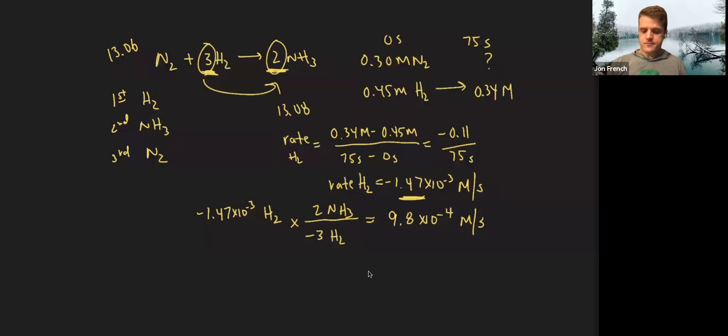So again, we want to find that rate. We want to use that rate of hydrogen. Actually, I don't know why I erased it. Because now we're just going to compare that rate of hydrogen and use that to find the rate that ammonia is going to change.